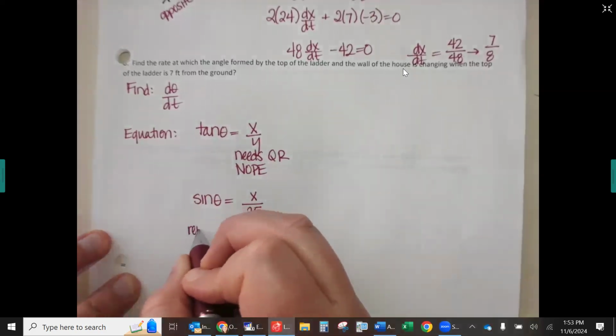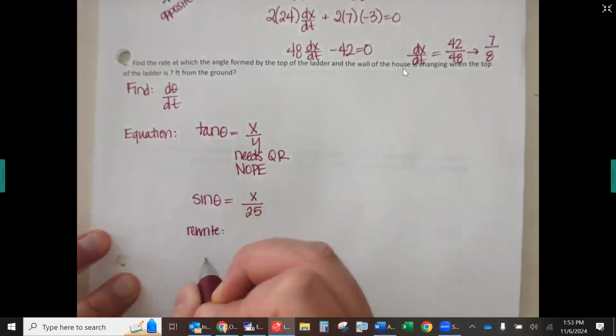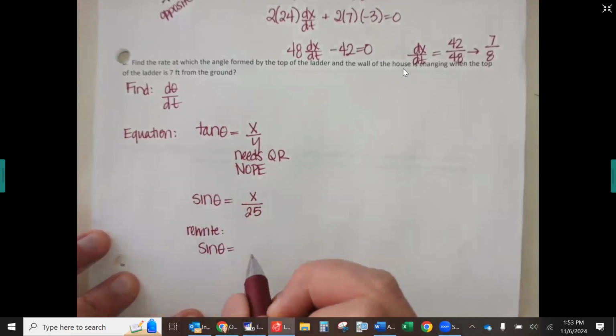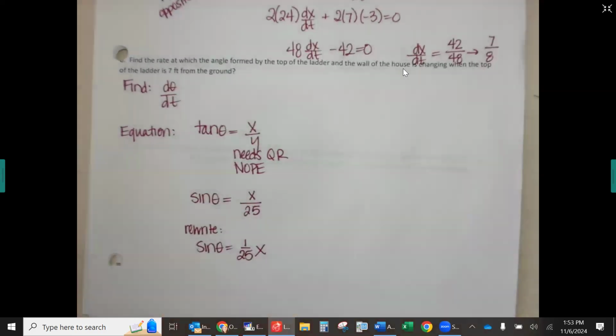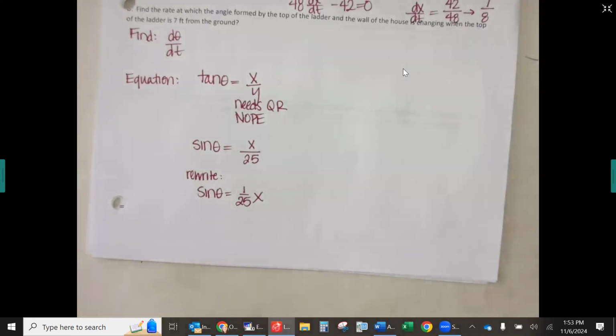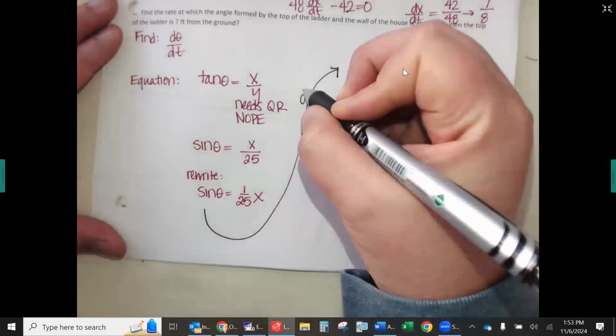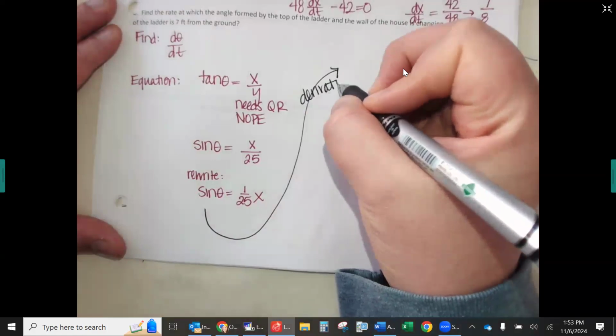But will I need to use a negative on my X if it's already on the top? No, I'm just going to pull the 1 over 25 to the front, so that now it's clear that this is just a number in front of an X. This is a regular power rule. So let's take the derivative. What is the derivative of sine theta? Cosine theta.